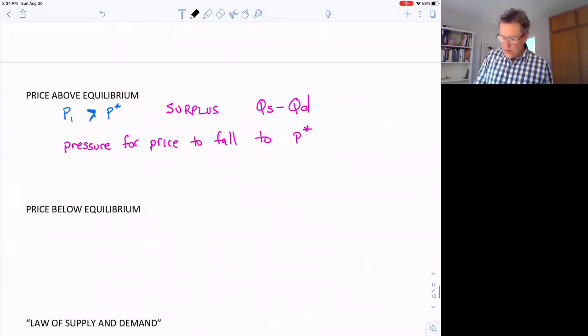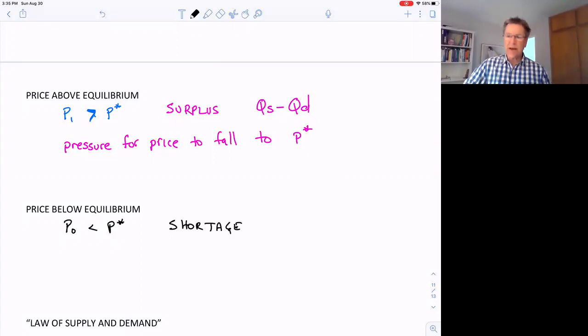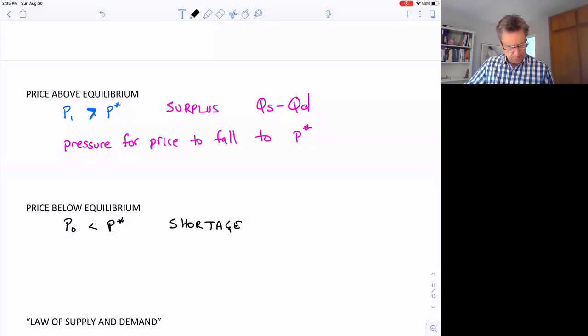So if the price is below equilibrium, we'll say P0 is less than P star, people want to buy them. There's not enough to buy. We refer to that as a shortage. And we can measure it because it's the quantity demanded minus the quantity supplied, that horizontal distance.